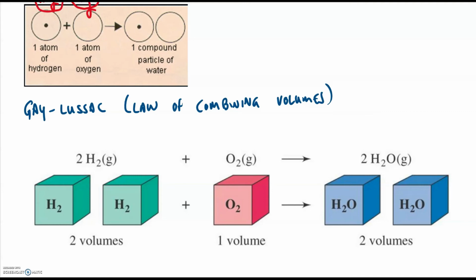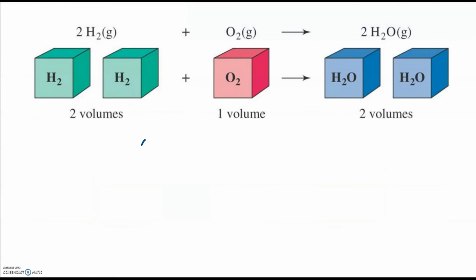And when they're done combining, you get twice as much volume of water vapor as you did of original oxygen, and the exact same amount of water vapor as the original hydrogen. What this tells us is that no matter how much hydrogen and oxygen we have, they're always combining in a volume of 2:1.